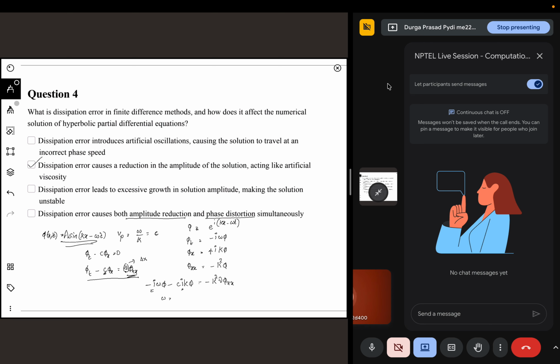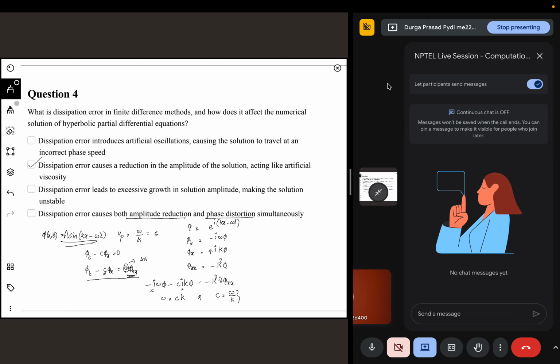So omega is equal to something of this kind, where speed is actually not going to change. So if this omega by k is a constant, then there is no phase distortion.